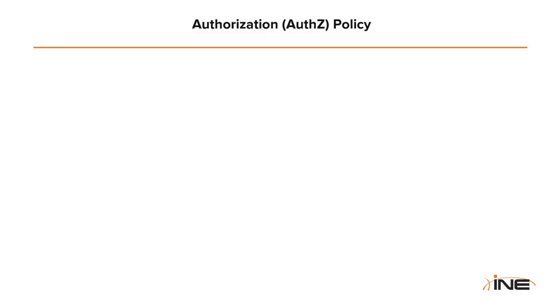Now, what is going to happen inside of the authorization policy? What is the purpose of the authorization policy, abbreviated as Z? The purpose here is to determine the level of access to grant to the connecting user or device, either to the network or to the device for administration.